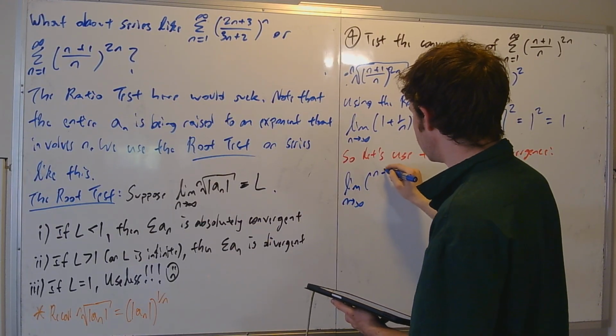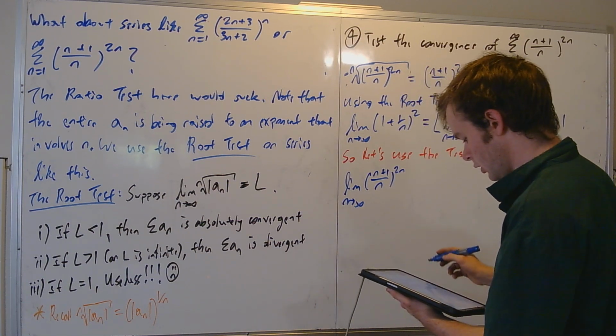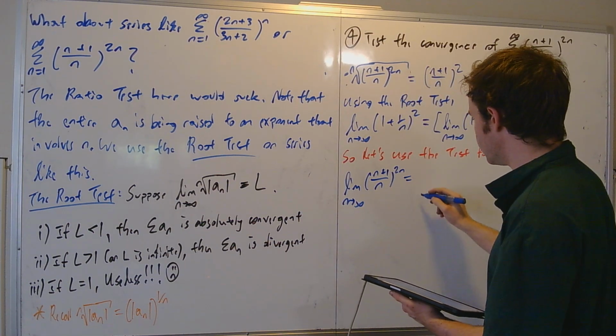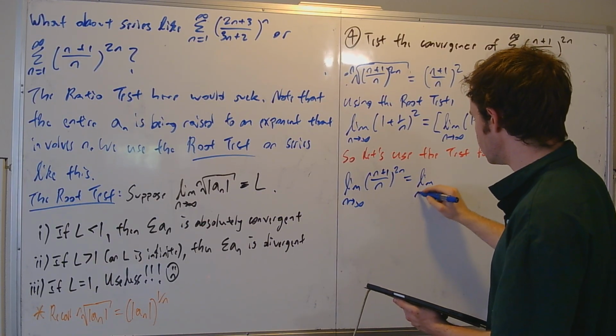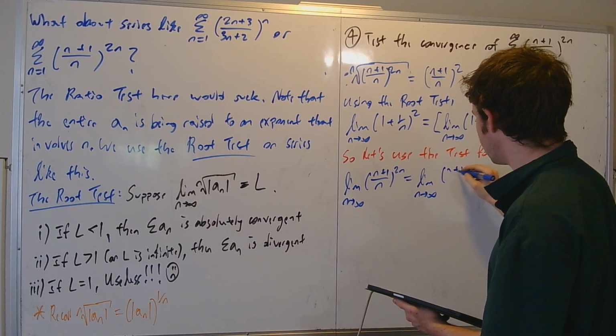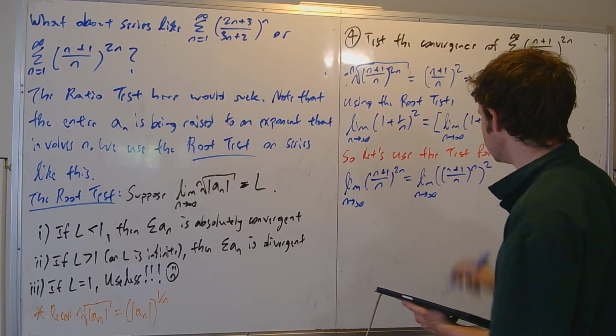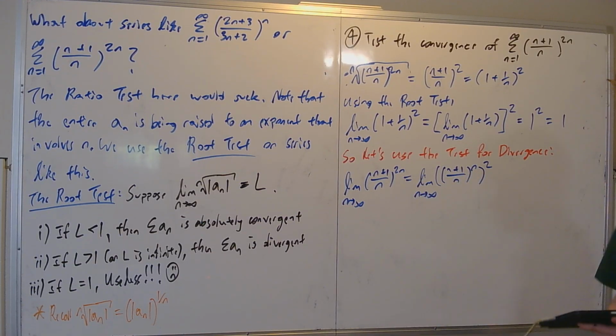So it's (n plus 1 over n) to the power of 2n. But we can actually rewrite this. If you write something to the power of 2n, you can rewrite it as ((n plus 1 over n) to the power of n) to the power of 2, right? Because if you raise this thing to the power of 2, it's the same thing as just multiplying the exponent, so you get the same thing.